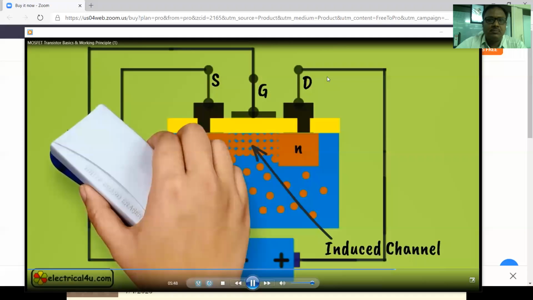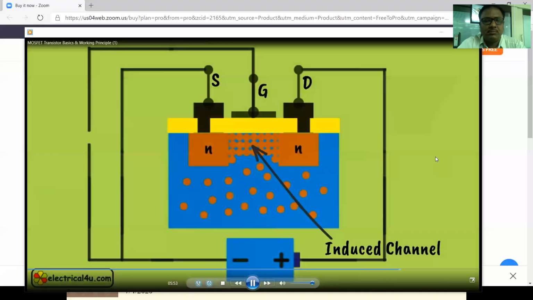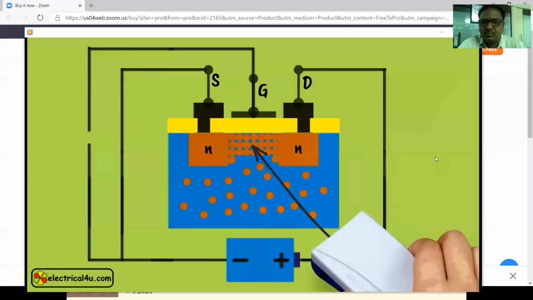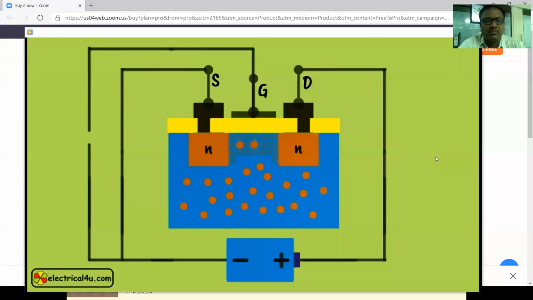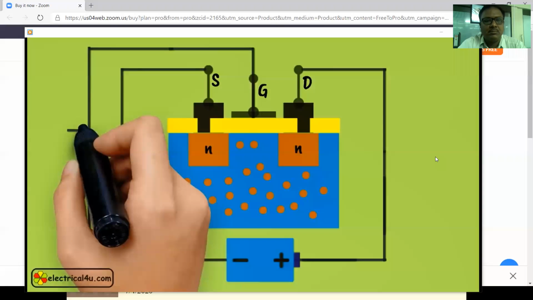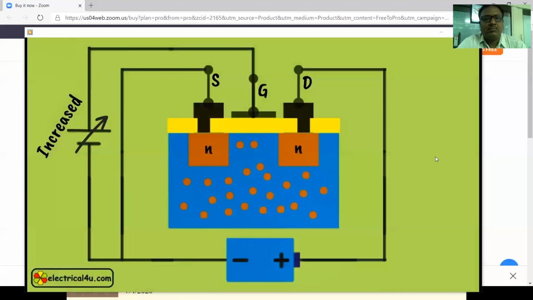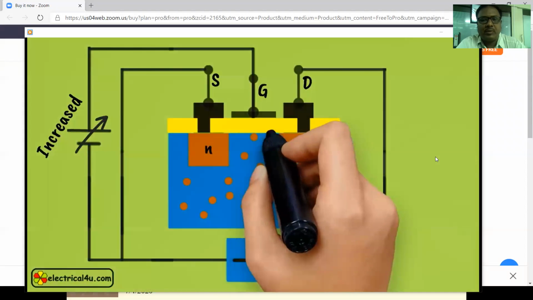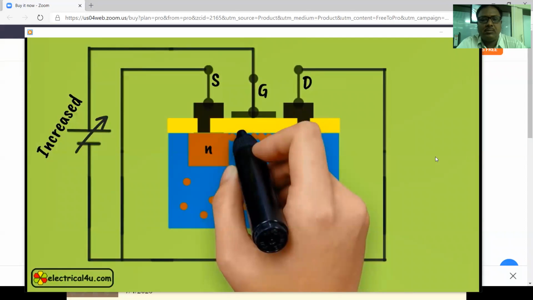It is also clear that when there is no voltage applied to the gate of the device, there will be no current from drain to source, except a negligible amount of saturation current due to minority carriers. But if the gate voltage is gradually increased while keeping a fixed drain to source voltage, after a certain minimum applied gate voltage, drain to source current will start flowing.